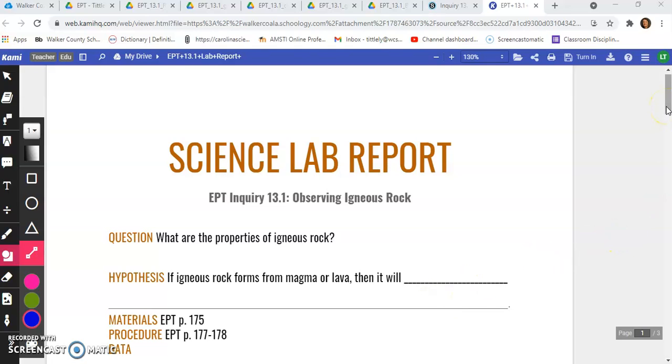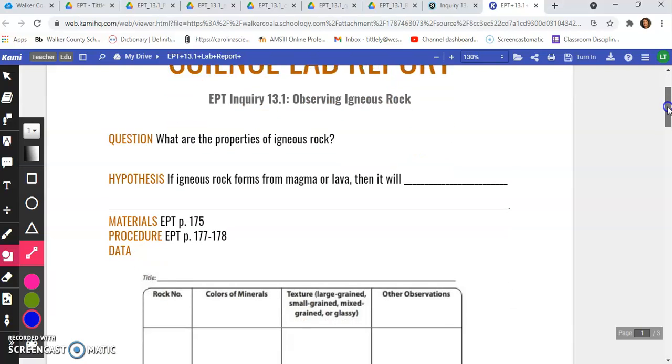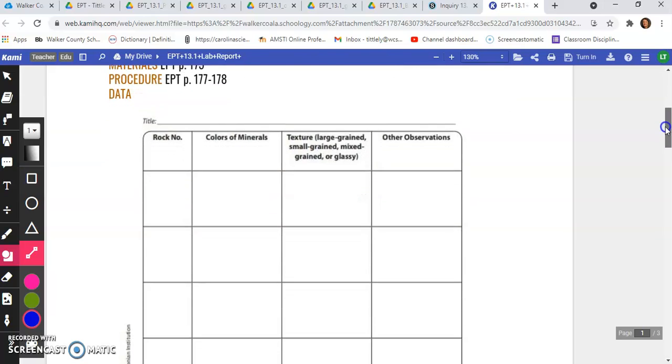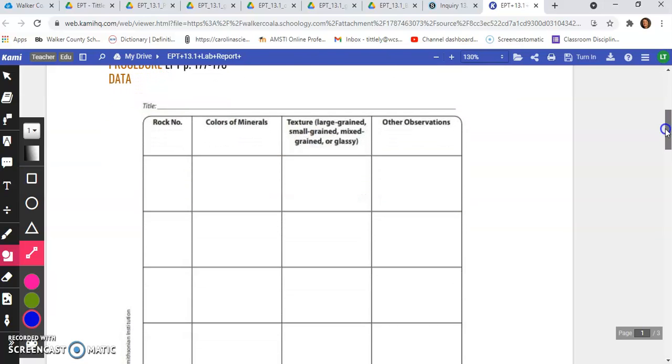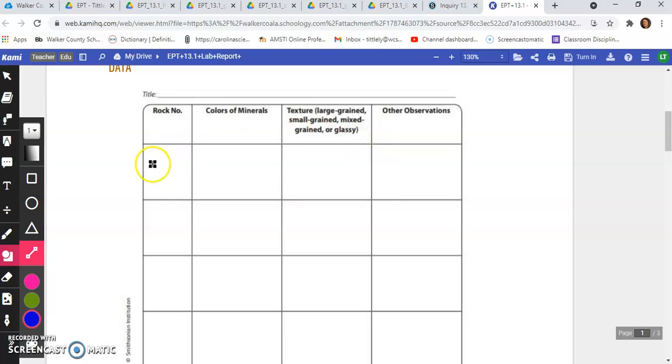The materials for this lab are found on page 175 in our Exploring Plate Tectonics book, and our procedures are found on pages 177 to 178. For our data, we're going to be looking at 5 different rocks, and for each one you'll write down the rock number, and then the colors that you see, the texture, like for example, is it large grained, small grained, mixed grained, or glassy, and then any other observations.